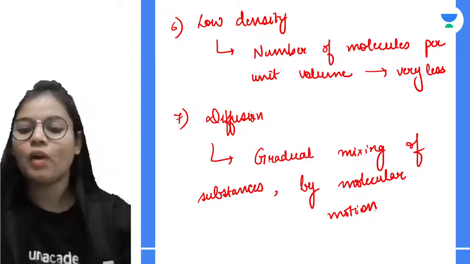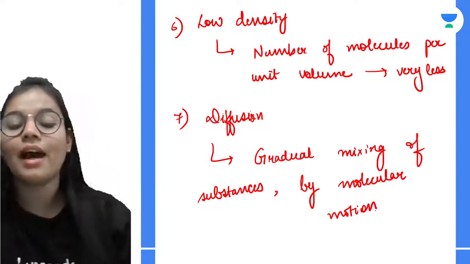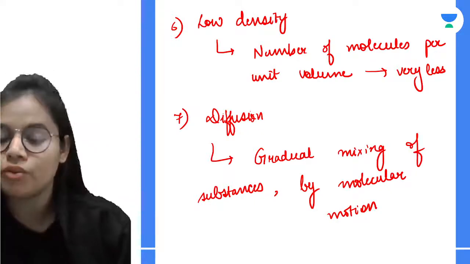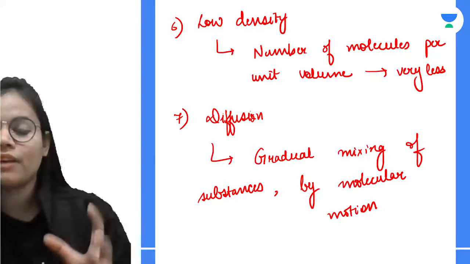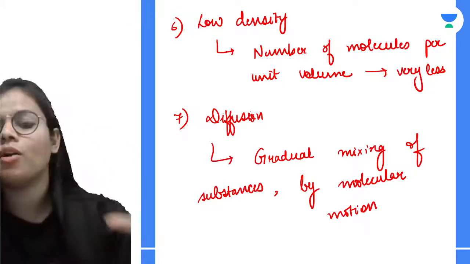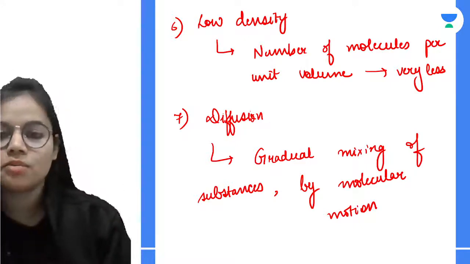Now why do gases have this property of diffusion? If I talk about the molecules of gases, they have a good amount of interparticle space between them.